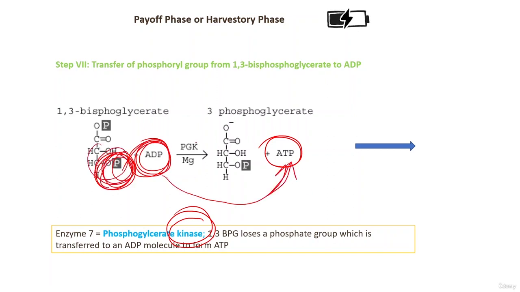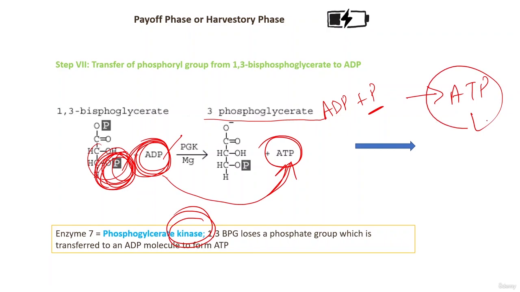So it loses one phosphate and becomes 3-phosphoglycerate, and ADP, by gaining one phosphate, becomes ATP. So again we are getting more energy, more ATPs.